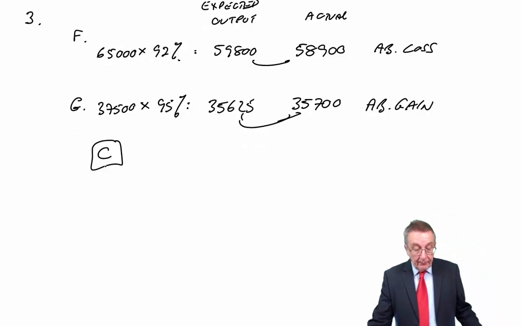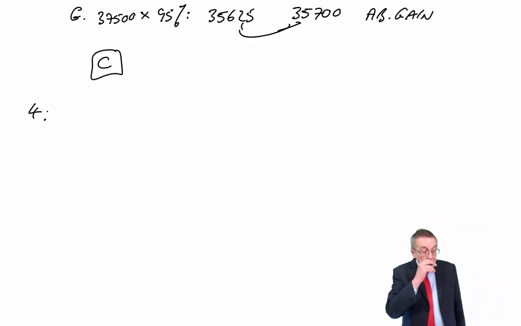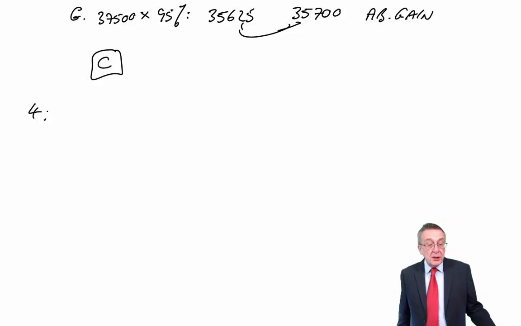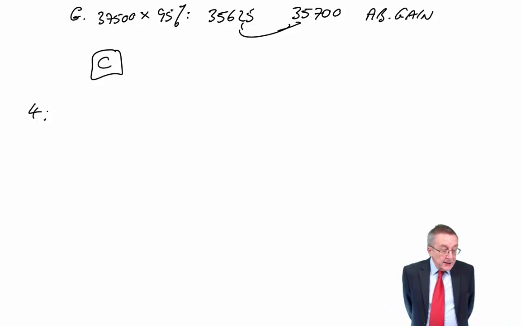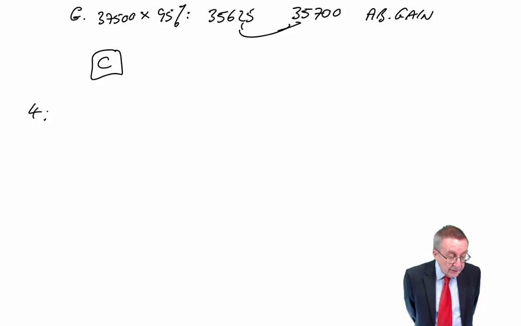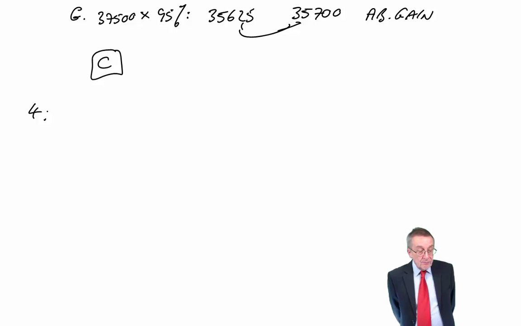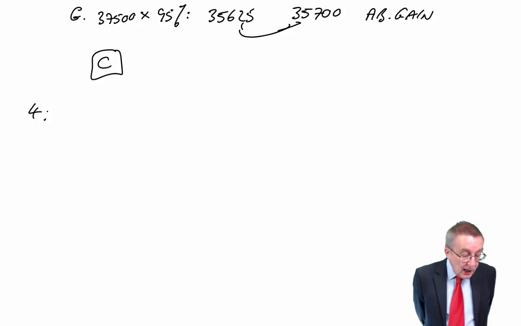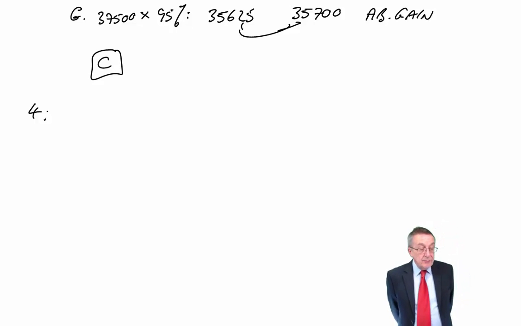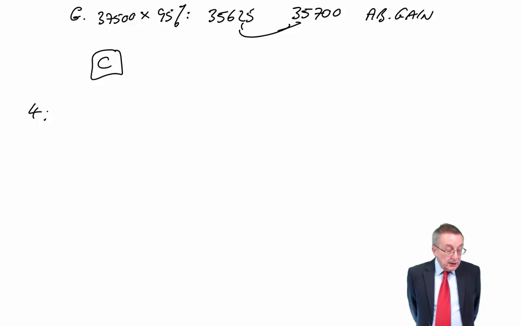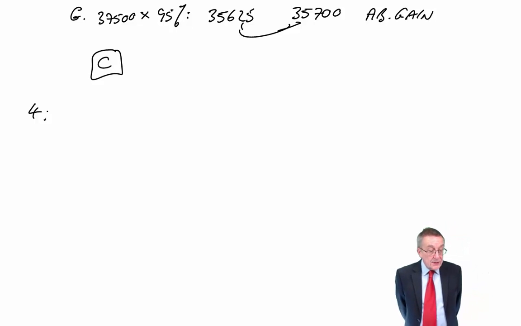Good. Number 4. Here's one where too many people waste too much time, but if you've learned the rules, there should be no problem. It says, what would be the profit for next period using marginal costing? When we look back at the information, they've given us budgeted information, production, sales, fixed production costs, fixed selling costs.